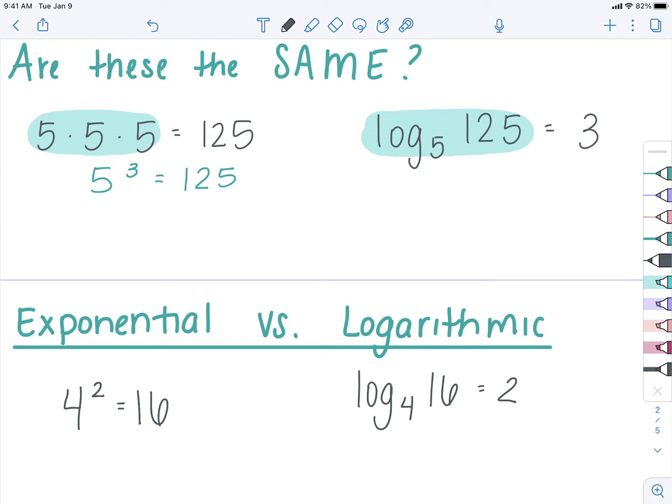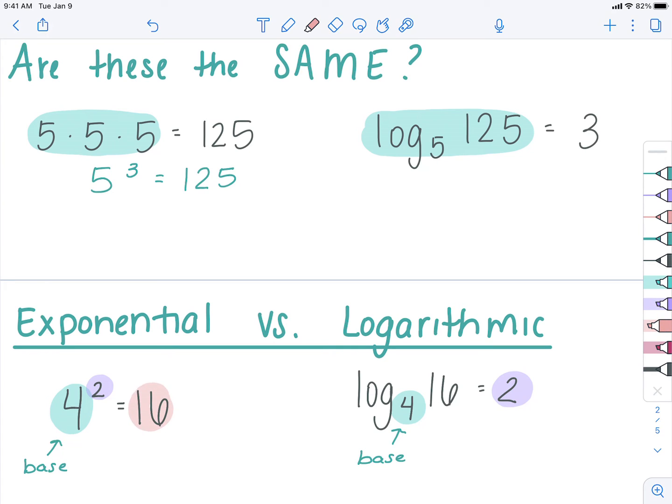So if you notice, all that's happening is my base is staying exactly the same. My base is always 4. Whether I'm in exponential form, this is my base. In log form, this is also my base. My base is always going to stay the same. My base isn't changing. My exponent in exponential form becomes my answer in log form.